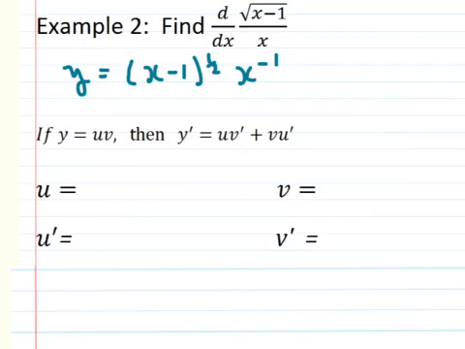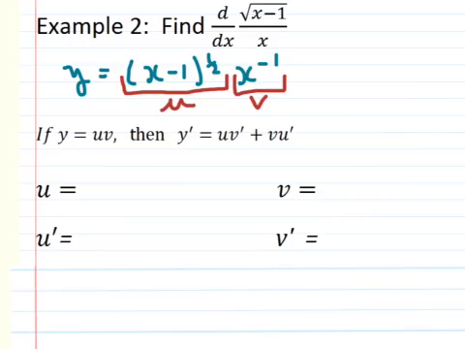Okay, so now you can see that that really is in product rule form, where that is u and x to the negative 1 is v. Okay, so it should be a familiar template now. If y equals uv, then the derivative of y equals uv dash plus vu dash. Okay, let's identify our u's and our v's.